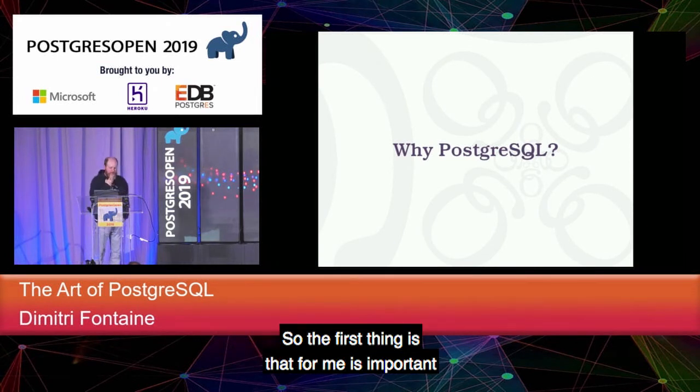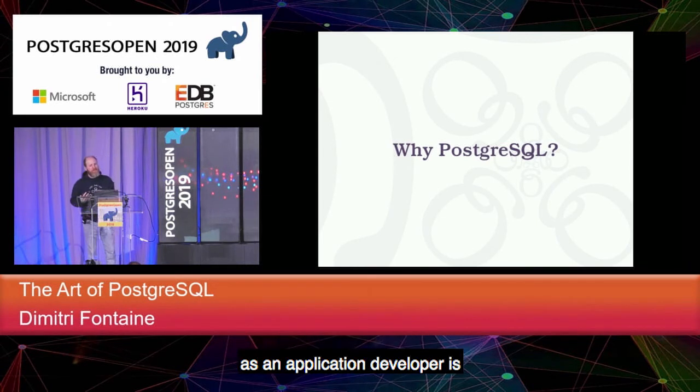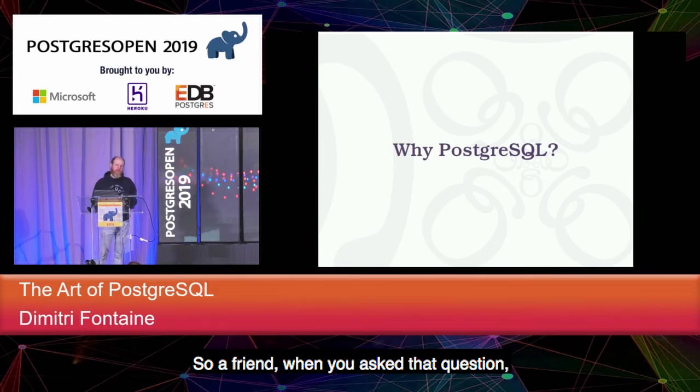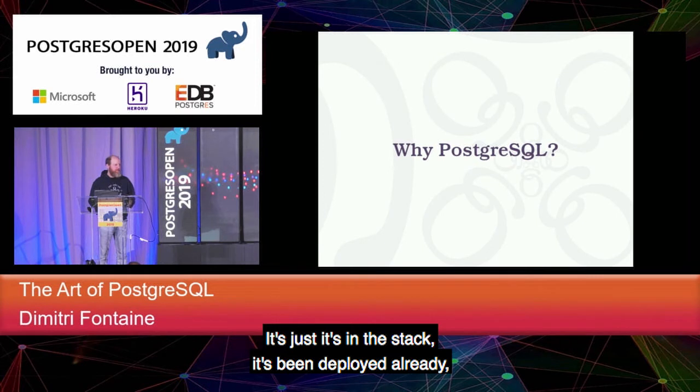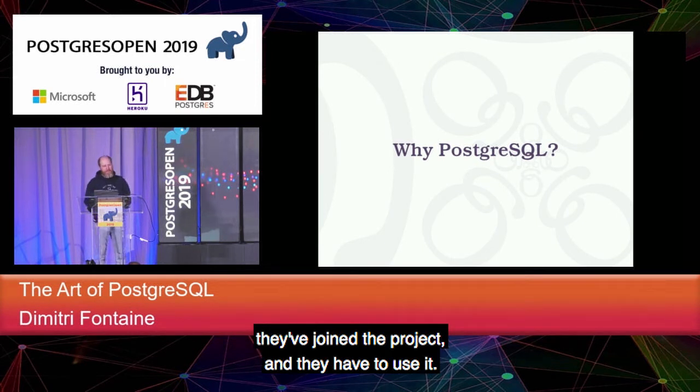So the first thing that is important for me as an application developer is: why are you using PostgreSQL? So often when you ask that question, I used to be a consultant before, and lots of them don't really know why. It's just that it's in the stack, it's been deployed already, they joined the project, and they have to use it.